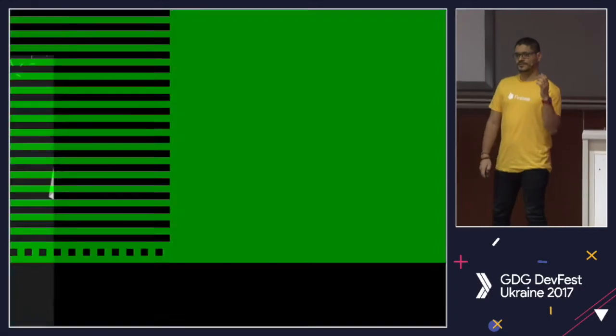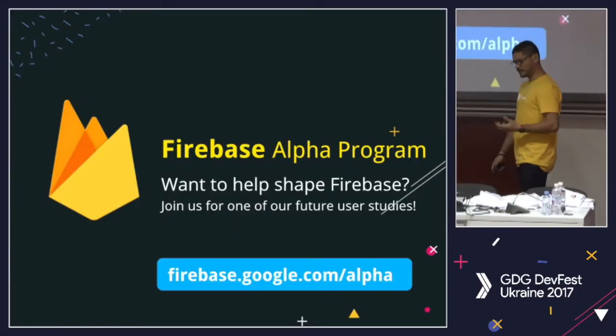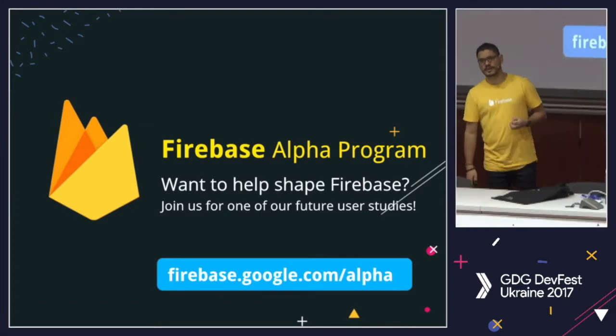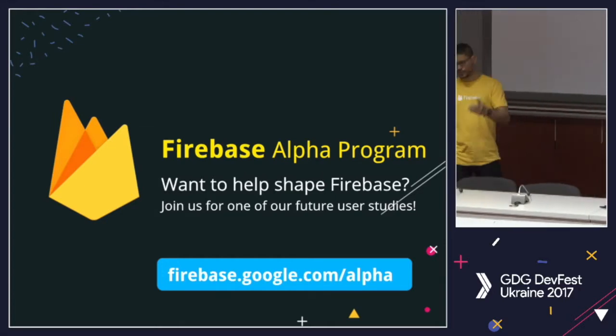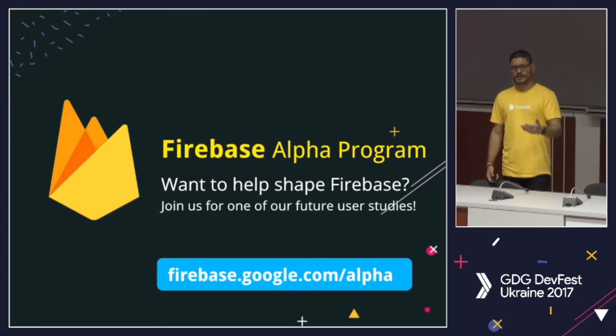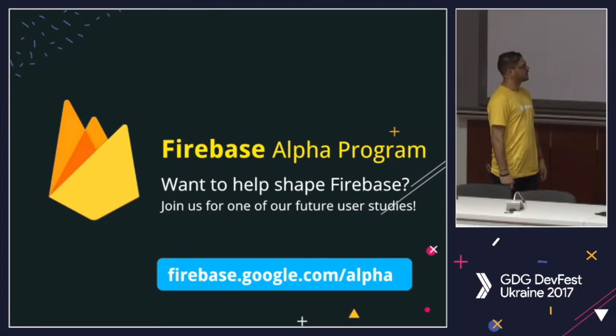If you want to try the new things and also help with the future of Firebase, you can join the Firebase Alpha program. You are going to be an alpha tester, and you are going to try the Firebase features before they go public.